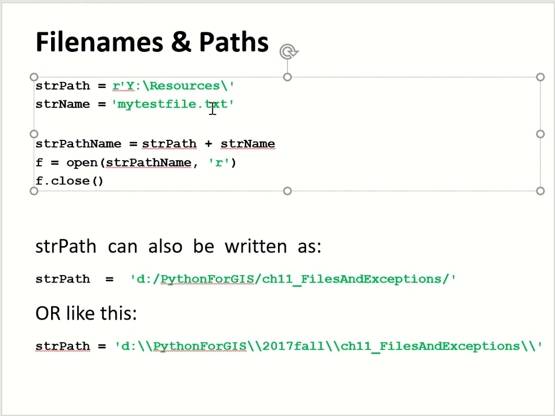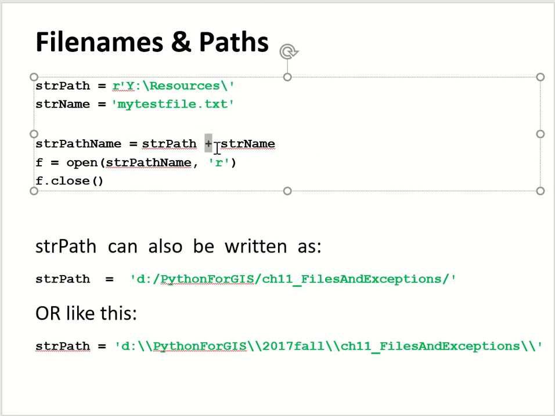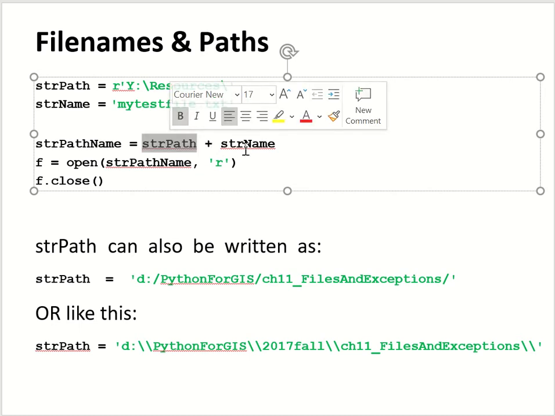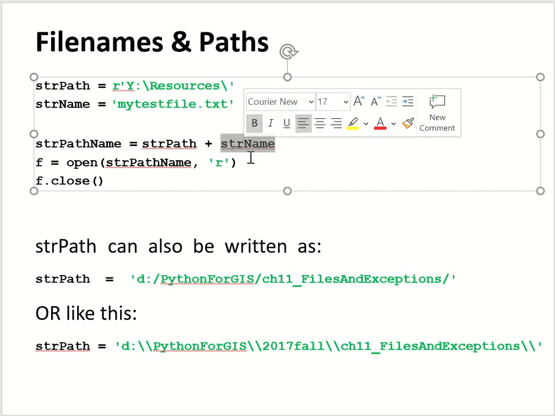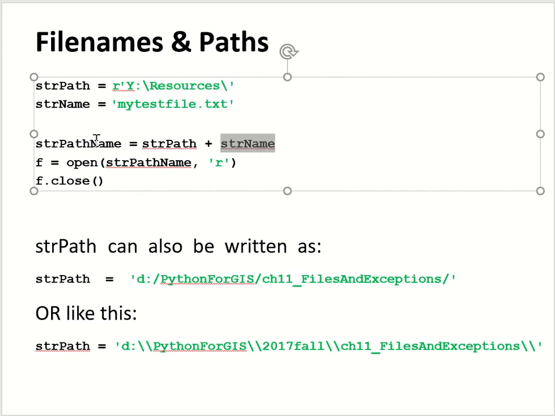So one way to put those together is simply using the plus sign. This is an expression here. A string plus a string is just the first string plus, or added on to the right side of the first string, the characters in the second string.